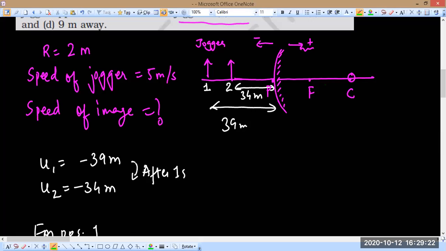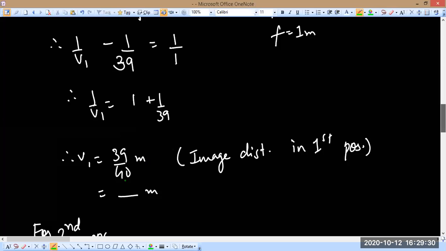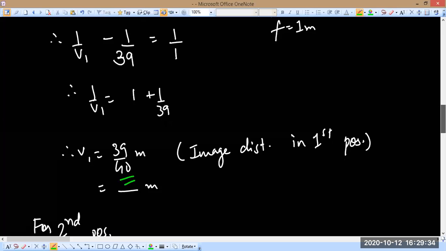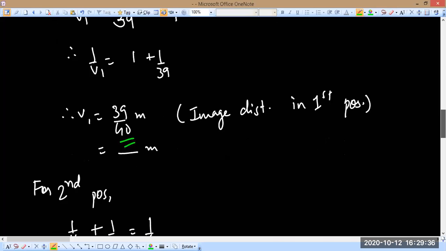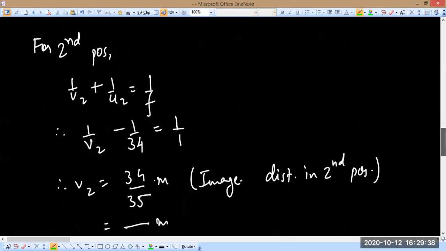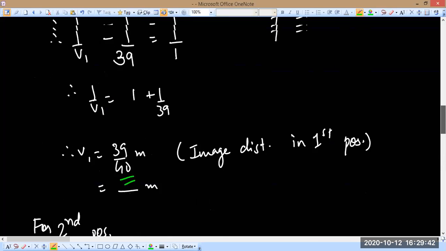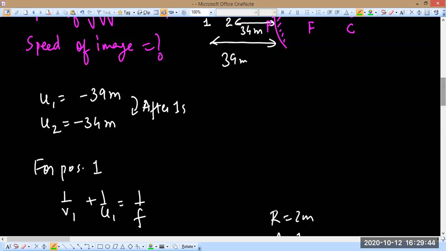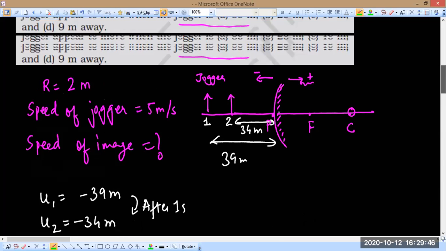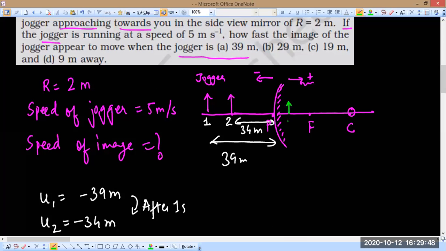Earlier the image was at position 39 by 40 meter at this position. Okay, right? It was at this position. Now this one is at 34 by 35, right? So what that means is, in position 1 the image was here.